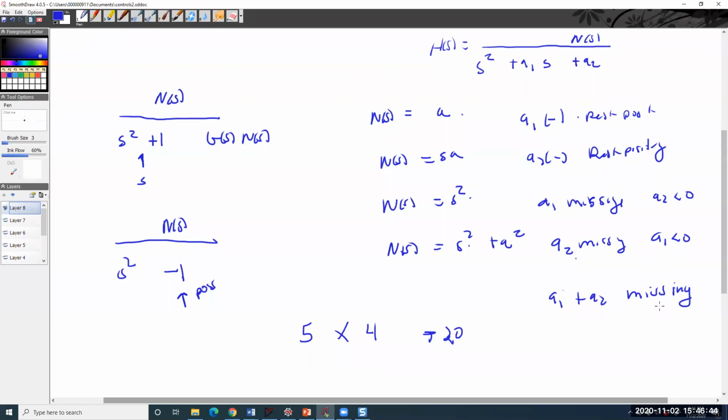Did I put that? Nope. That's a fifth option. So these are all the things that could go wrong. And you would have possible numerators, and then you could have possible G of S's to fix it.